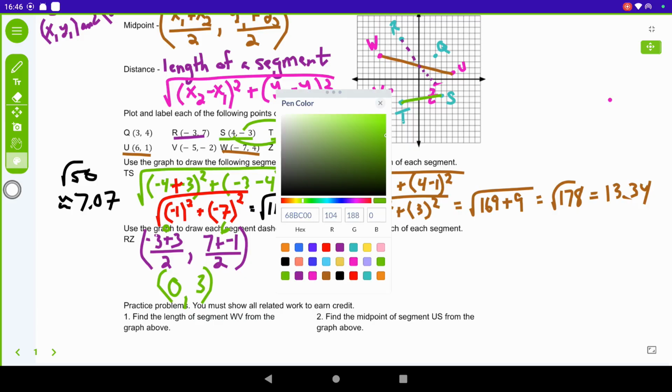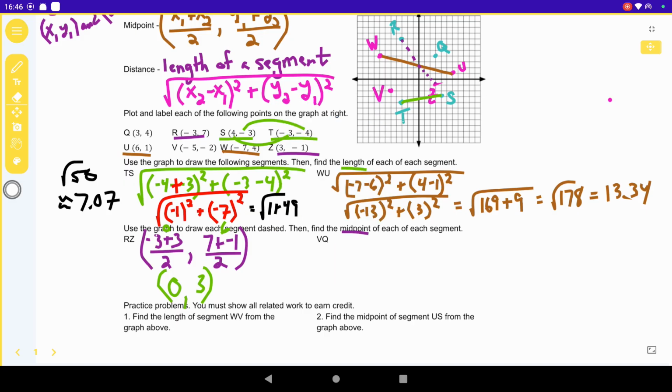Alright, our last example, it says VQ. So we're going to connect, oh, it's supposed to be dashed. So we're going to draw that as a dashed line, connecting V to Q. And same thing, we're going to add those x values together. So V is listed first, so I'm going to go negative 5 plus the x value of Q, 3 divided by 2.